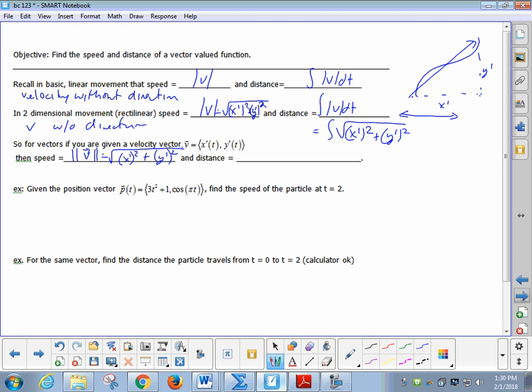All right. Would you please write down here that speed is not a vector. It's not a vector because we know vectors have direction, and speed doesn't have direction. Speed is a scalar. It's a number. Okay.